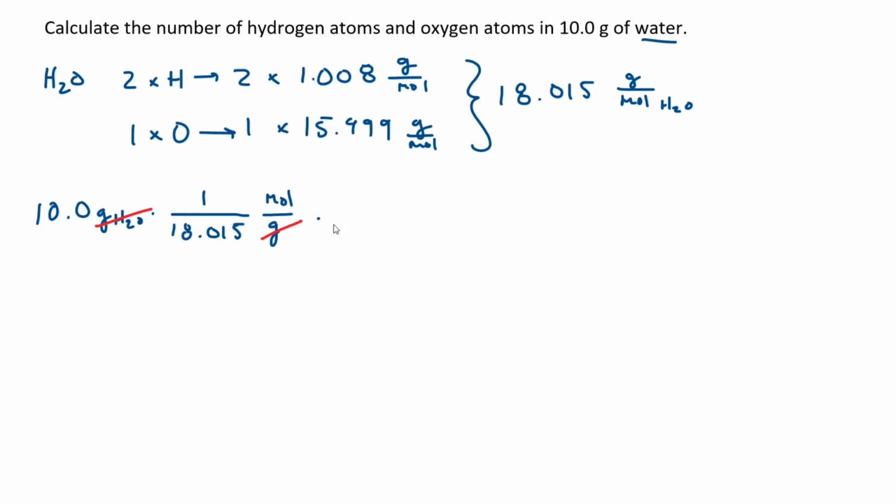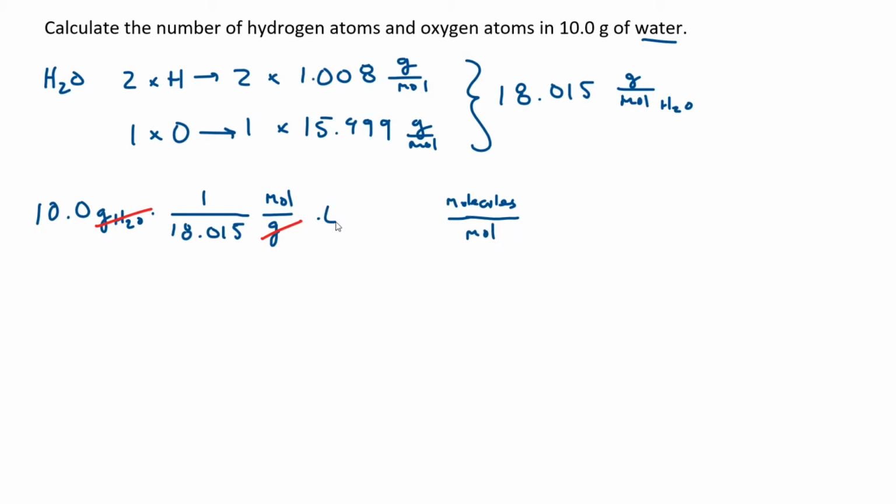So that's a good first step, but we're trying to get to atoms. So let's take it at least first to molecules of water. So to do this, we're going to use Avogadro's number, and that gives us the number of molecules per mole.